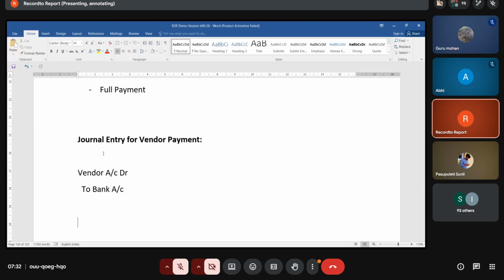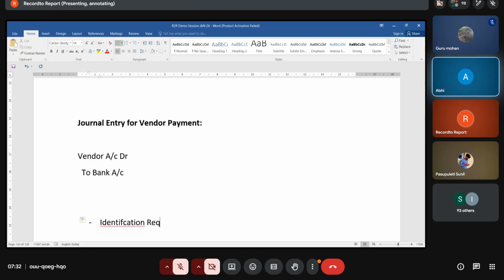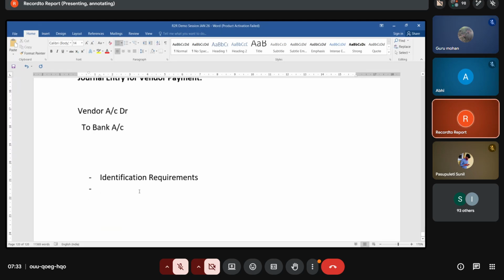So by this, where will the entries start? Did we start while identifying any goods and services? Do we have any transaction? The first stage is identification of requirements. Any entry to be posted here? No entry.